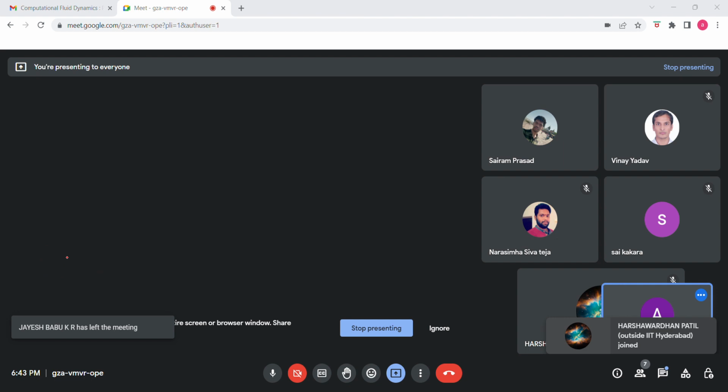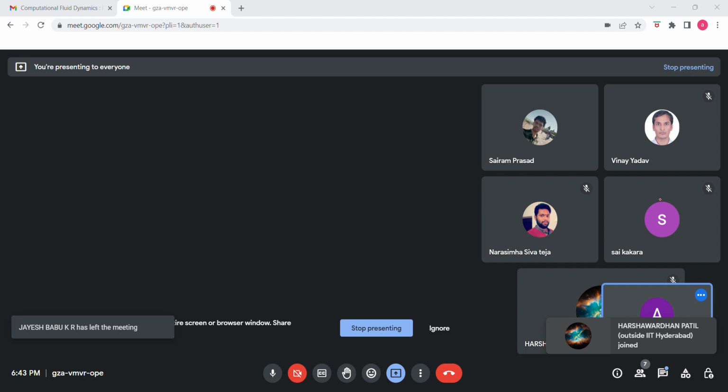So question 4, it is given that if the order of a discretized equation is k, what does it mean? In general, when we are discretizing any governing equation, it would be mentioned that it is of order k, or a second order discretized equation. So what does it in general mean? The last term of the equation is of k plus 1th power, or the last term of the equation is of kth power.